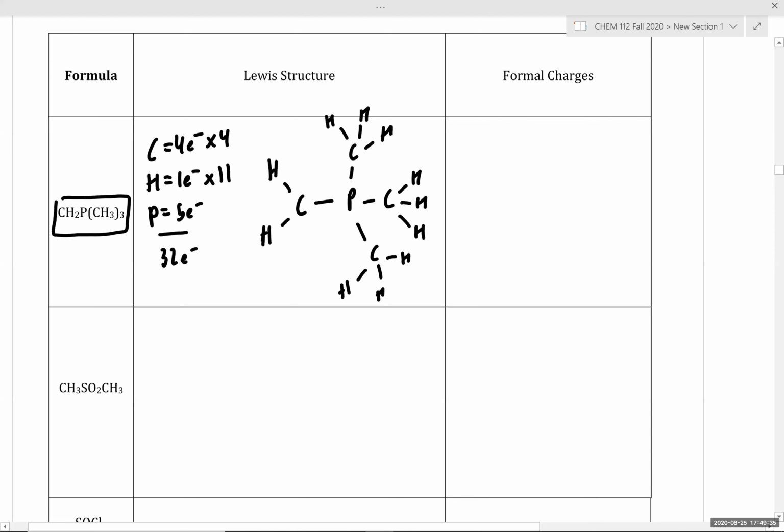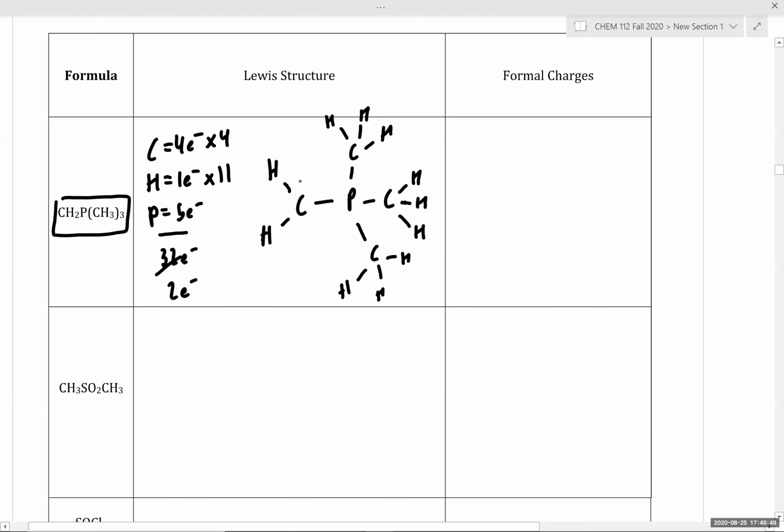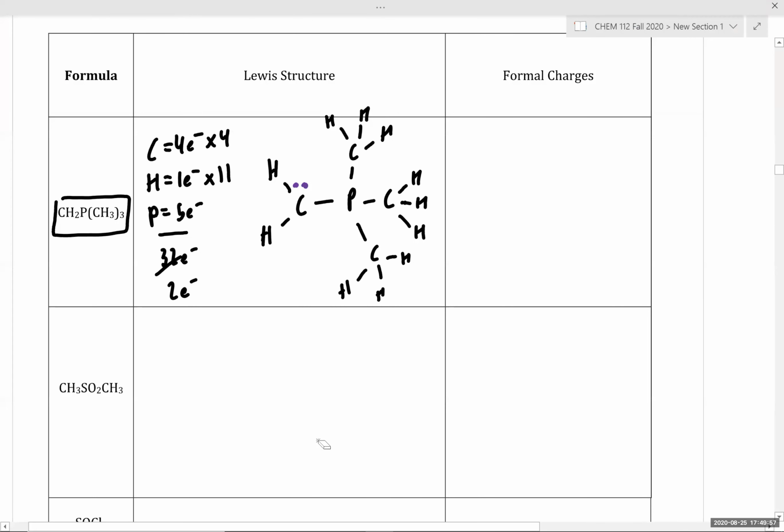So we've used up 2, 4, 6, 8, 10, 12, 14, 16, 18, 20, 22, 24, 26, 28, 30. So we have 2 electrons remaining. Then we place our lone pair on the more electronegative atom, which is carbon. And looking at this Lewis structure, it's a reasonable Lewis structure.